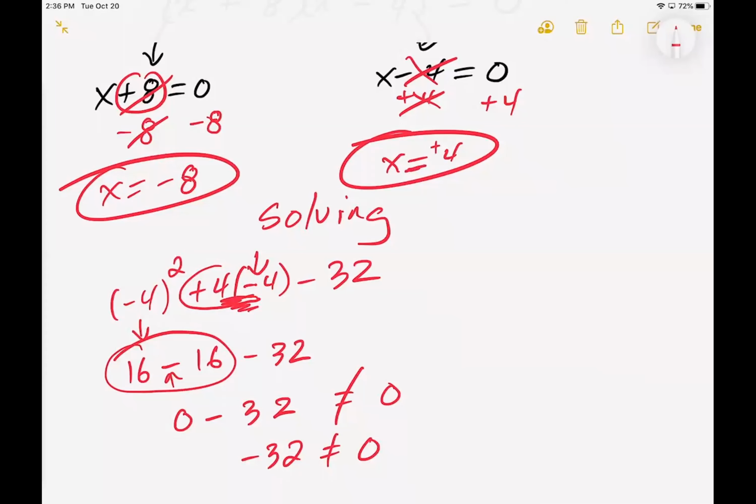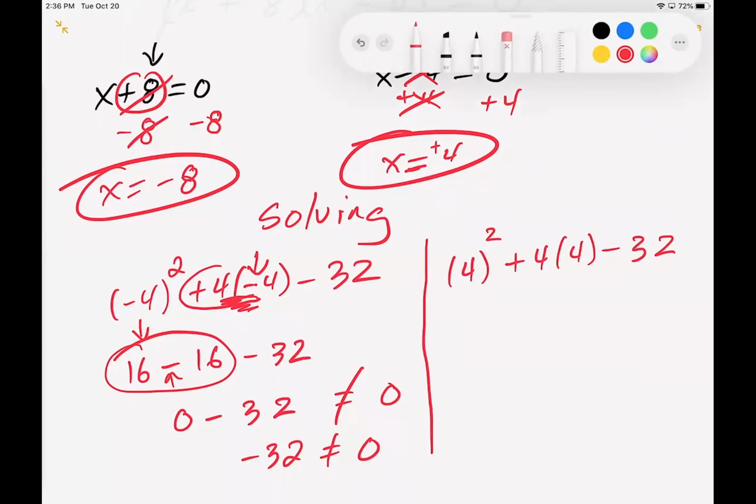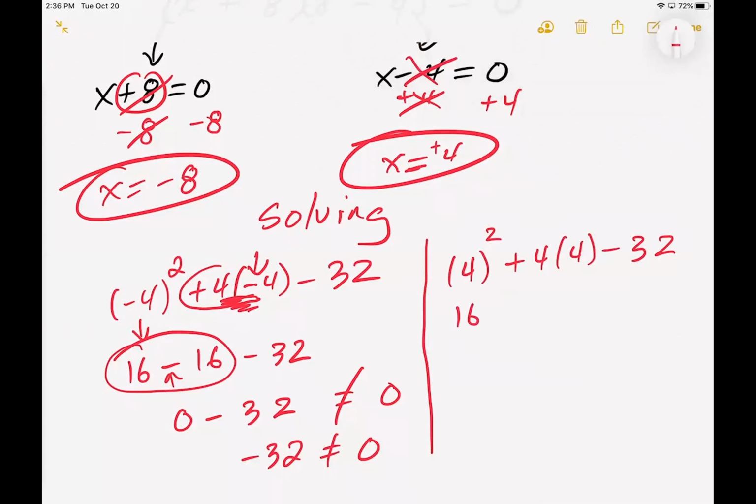If you put in +4, the problem works out: 4 times 4 is 16, 4 times 4 is 16, 16 and 16 is 32, and 32 take away 32 gives you 0.